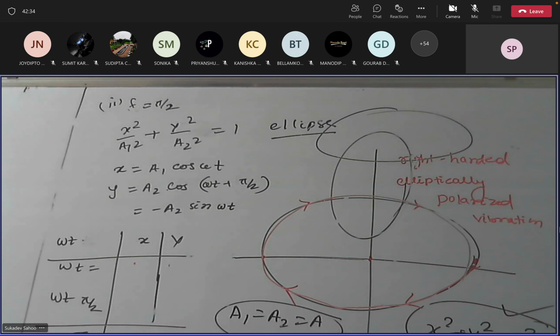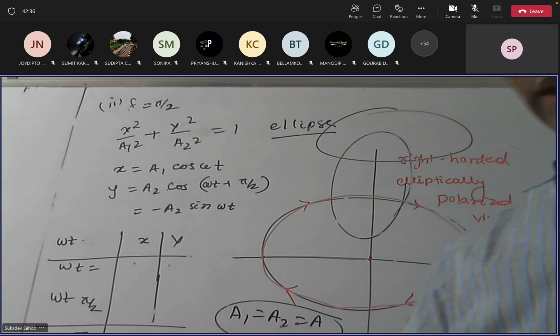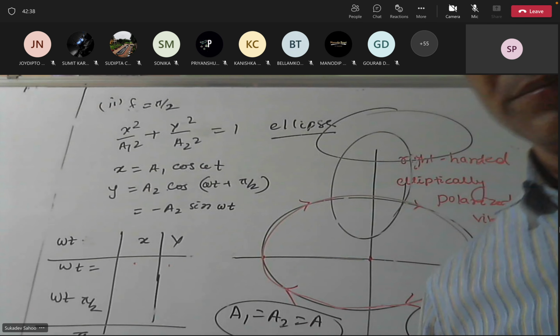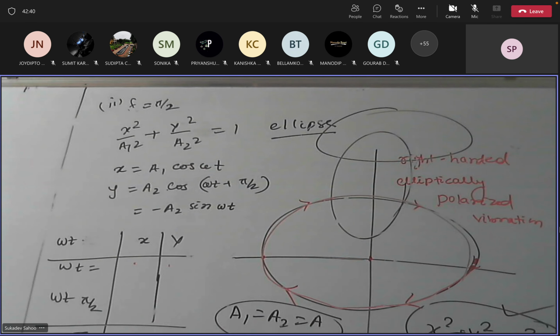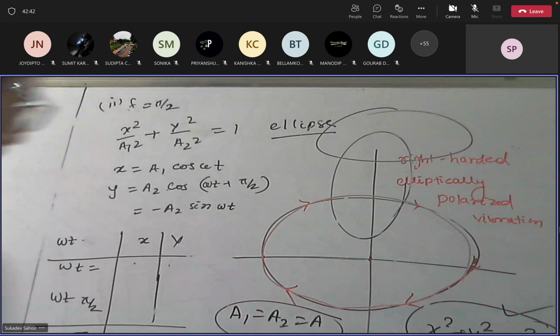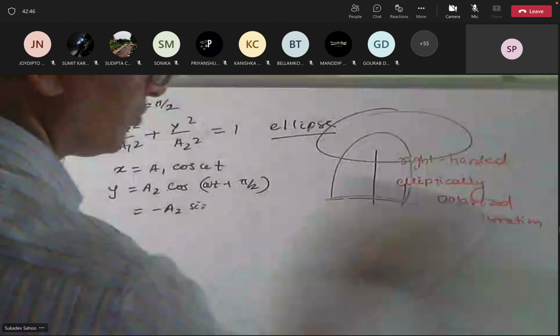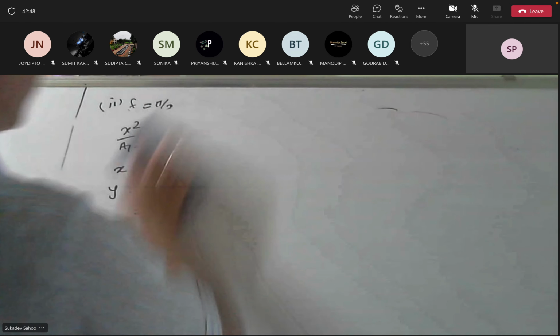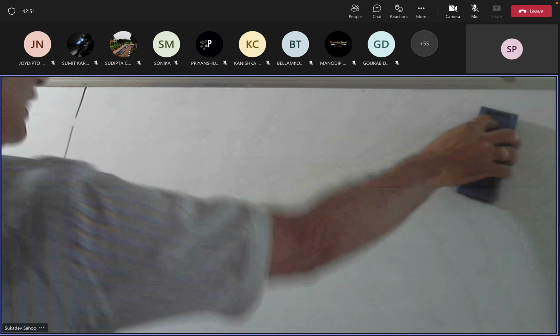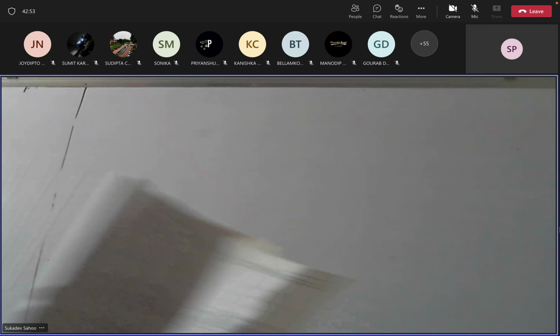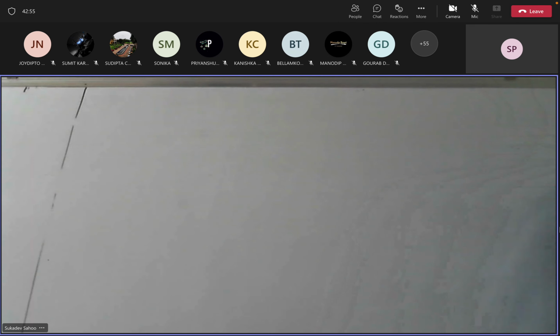You take the points and plot by your own hands, then exactly it will be. If you are facing any problem, you can ask in the next class. There is no problem. You take at least 5 points, when 0, pi by 2, pi, 3 pi by 2, 2 pi, and join those points, then you will obtain it.